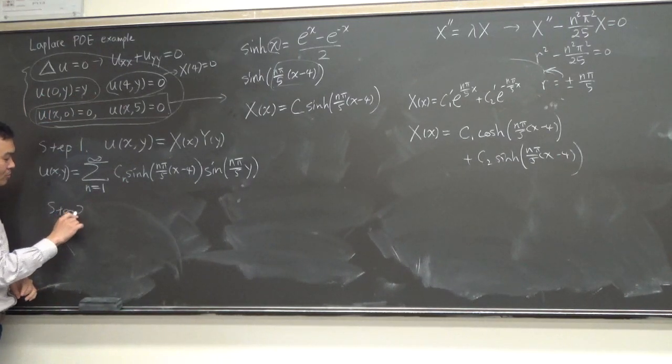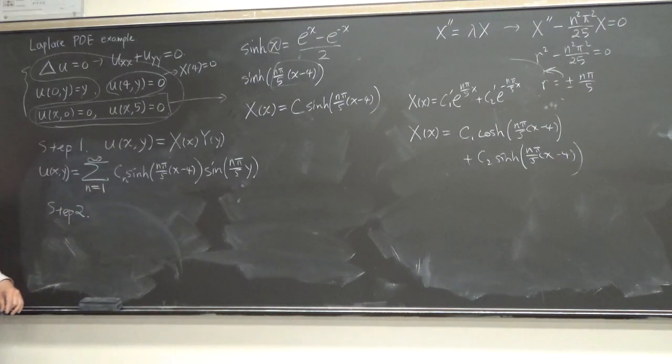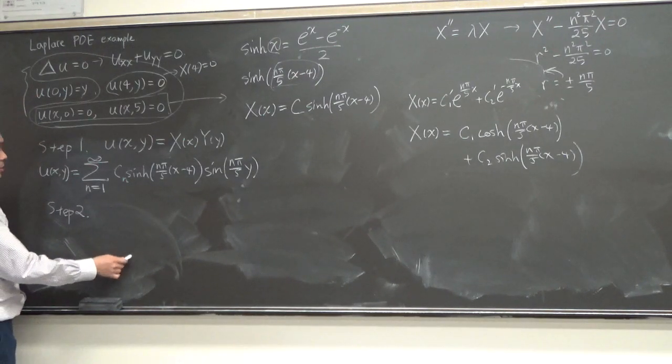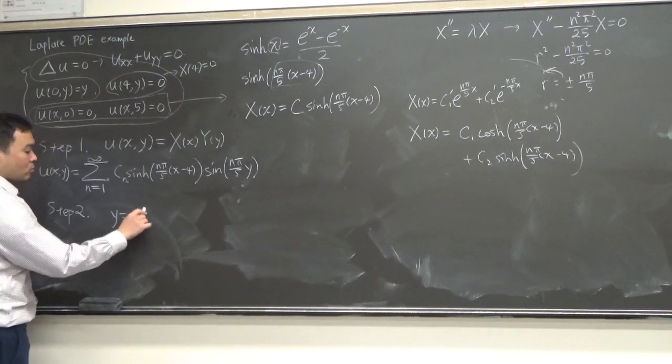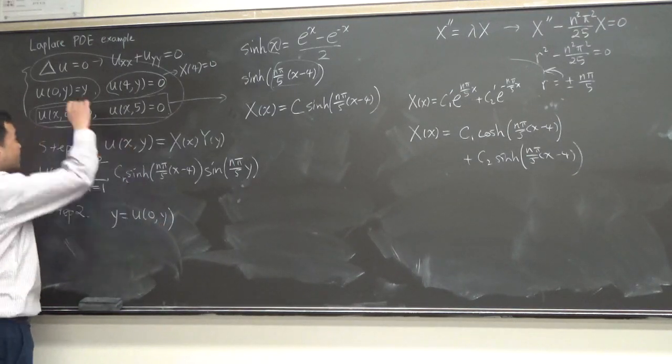What's step 2? Use the other one. Yeah, you use the remaining one. You plug in 0 into x, and then you get y equals u(0,y). That's our condition here.